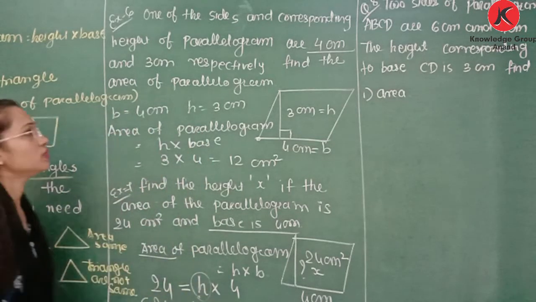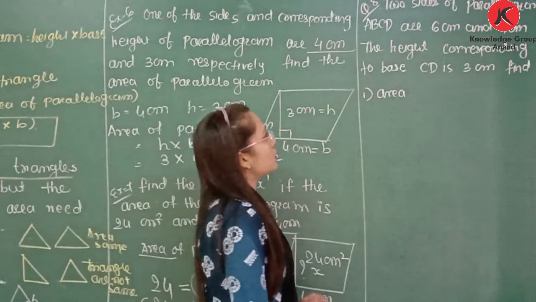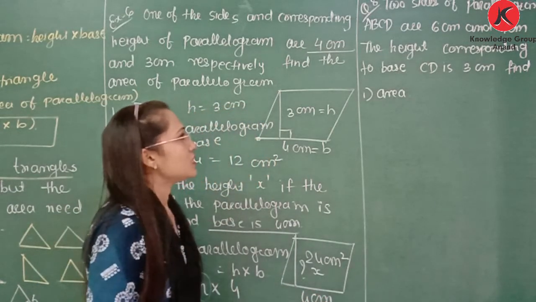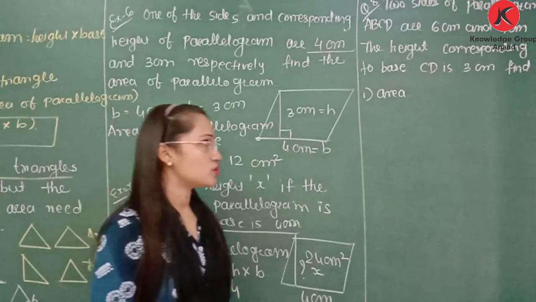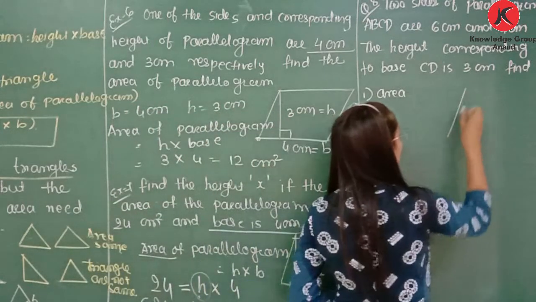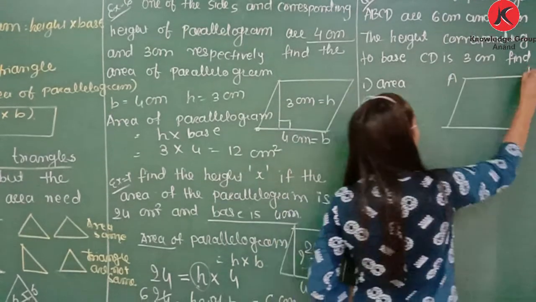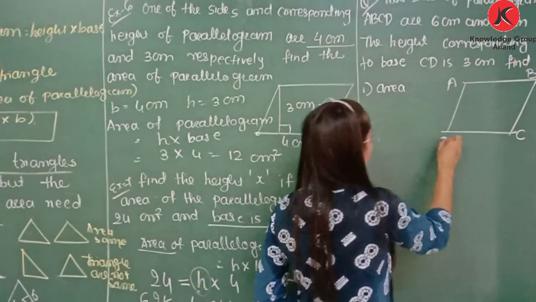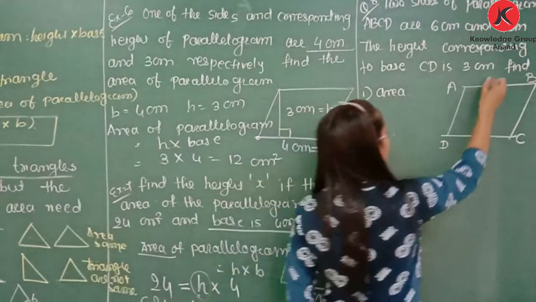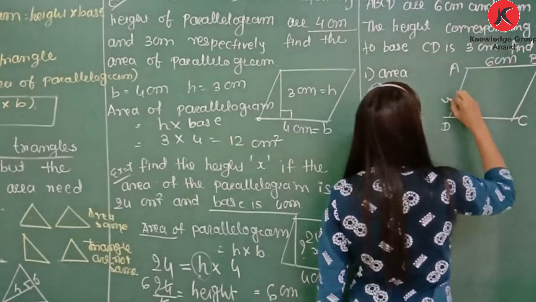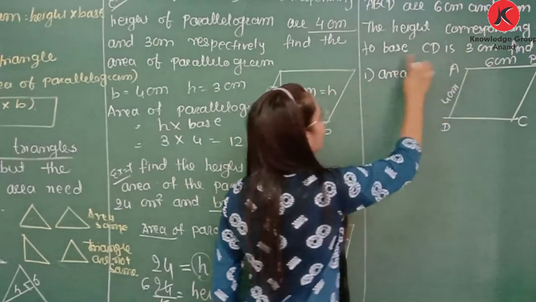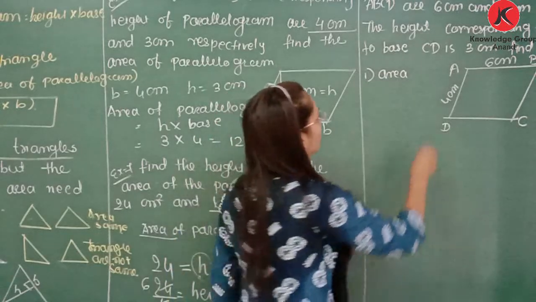Clear? Now next one. Two sides of parallelogram ABCD are 6 centimeter and 4 centimeter. Let's draw this parallelogram ABCD. So this side is 6 centimeter and this side is 4 centimeter. The height corresponding to CD.